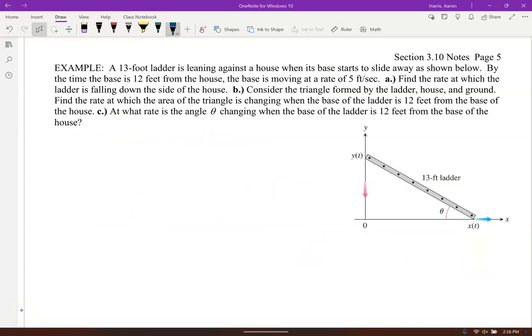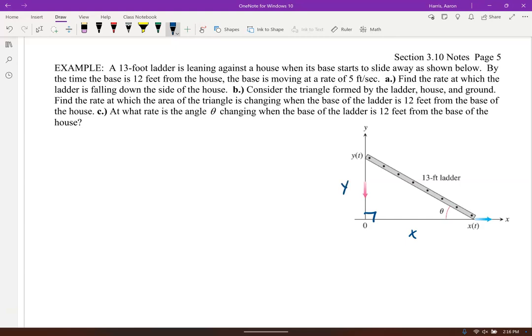All right, we've got this 13-foot ladder. Notice it's marked there, the length of the ladder. So think right triangle trig. We've got this right triangle here, and the ladder starts to slide away from the base, as shown there. By the time the base is 12 feet from the house, here's my x, here's my y.